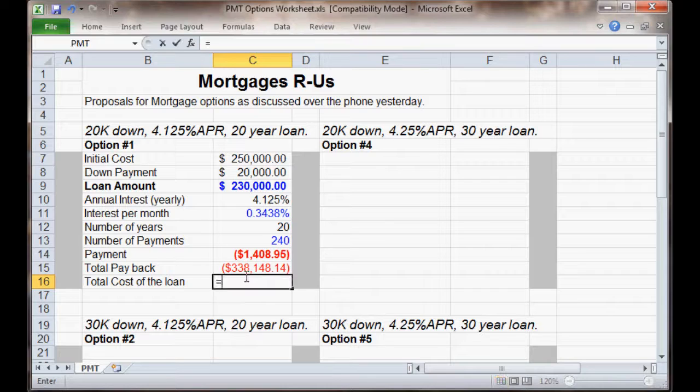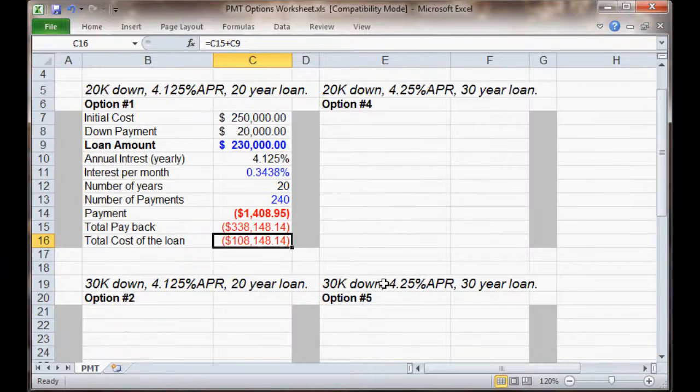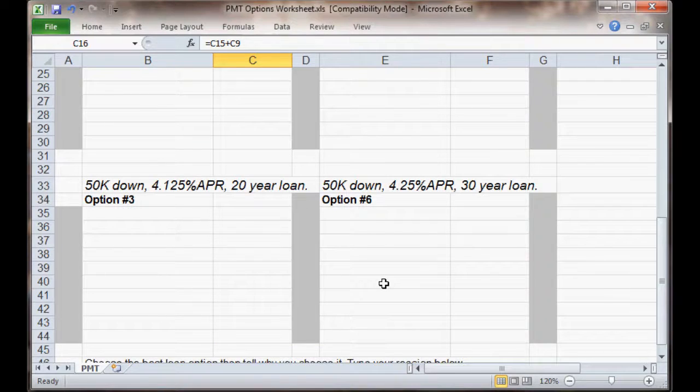I would select the total payback value, and then since I want the difference between the two, I'm going to add this positive number because I know it'll reduce the payback by that amount. And it looks like it did cost us $108,148.14.